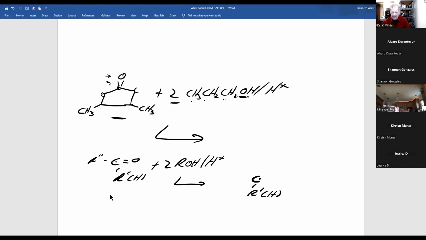R prime or hydrogen, R double prime. Then, because you have two alcohols, two oxygens to this carbon, and each one will have the R group from the alcohol. Now, in a ring, R prime and R double prime are connected together. This carbon is my carbonyl. So I can get it back.